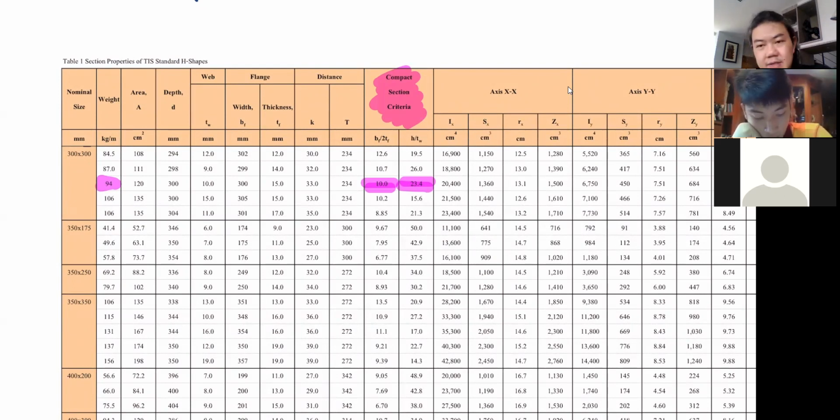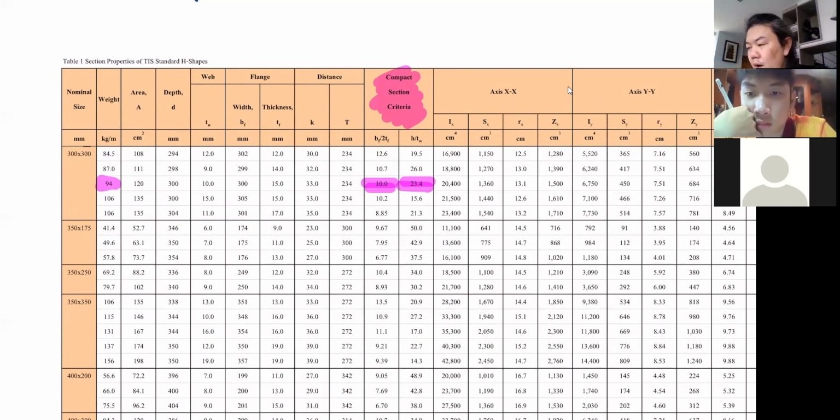And the reason that I show you both the calculation and the number from the table is that you may have to work with some other sections in other countries in the future, and they may not have something like this for you, so you must be able to calculate those slenderness ratios of the elements by yourself.